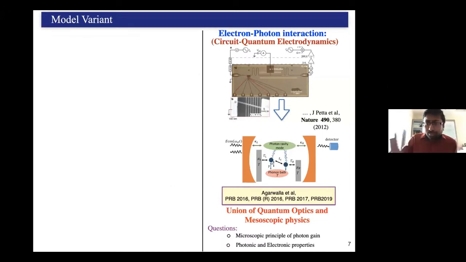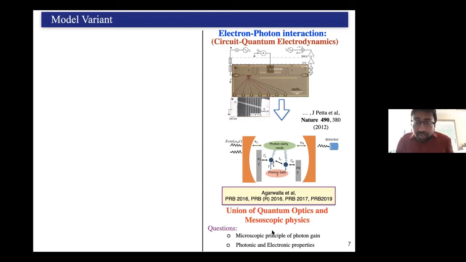But before I move into that, let me tell you that there is a variant of this model that exists in a slightly different way in the quantum transport community. Here is what I've been talking about, this double quantum dot coupled to a photonic mode or cavity mode. If you're a quantum optics person, you are mostly interested in the photonic properties.